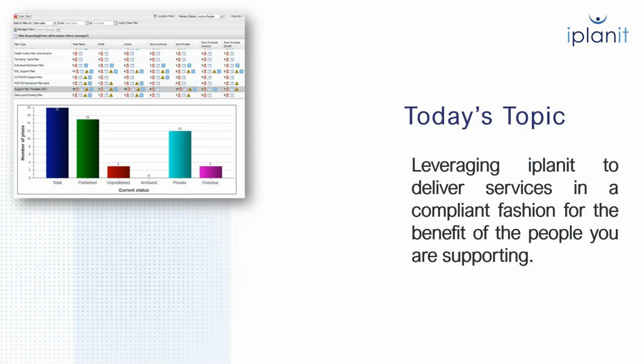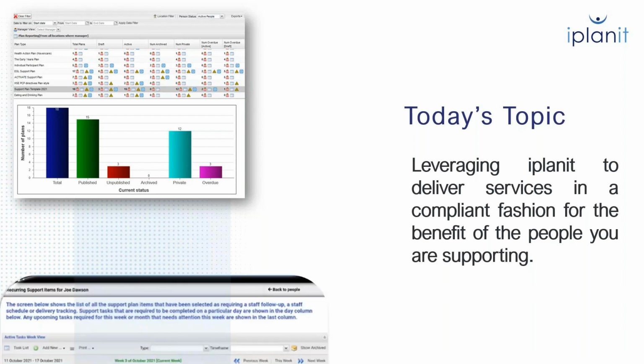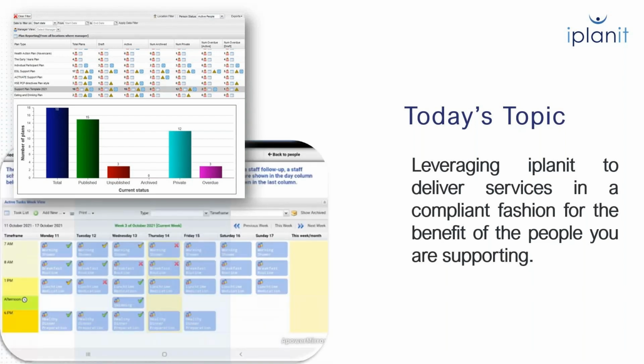It could be from looking at plans and making sure your person-centered care plans are in place and being updated in a timely fashion, and you get reports around that, whether it's those support tasks that need to be delivered, and keeping a record of those and making sure that they are being delivered on time as the people need it.